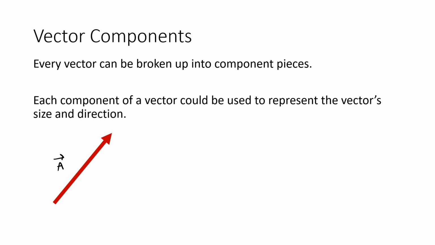It's made of a horizontal piece and it's made of a vertical piece. So let's say I bring out a grid. Imagine there's a grid behind it, horizontal and then vertical. We can see that this vector is made of a horizontal component that I'm going to call A sub x. That's just a small subscript x right here.